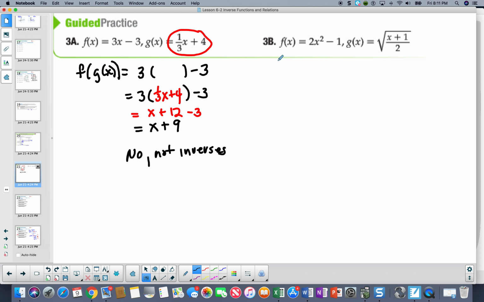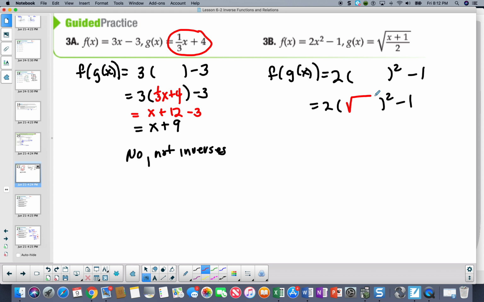All right, now let's go ahead and go to this one and see if they are inverses. f of g of x. And so I'm going to take my f function and I'm going to put parentheses in there. And on the next line, I'm actually going to substitute root x plus 1 over 2.